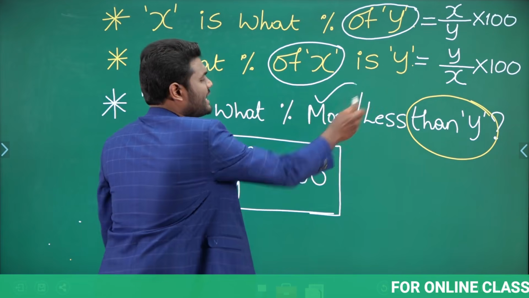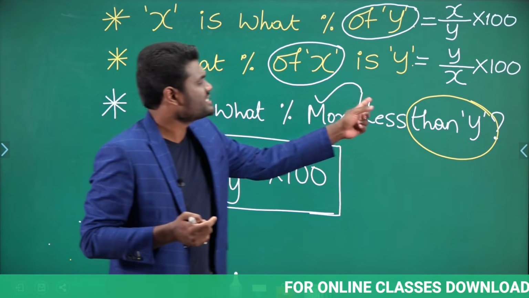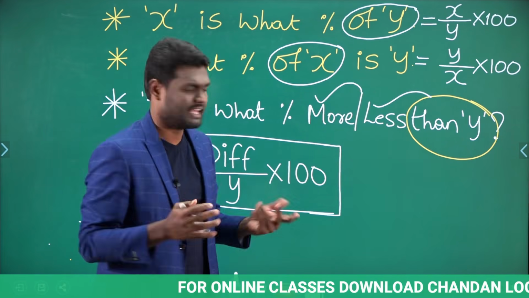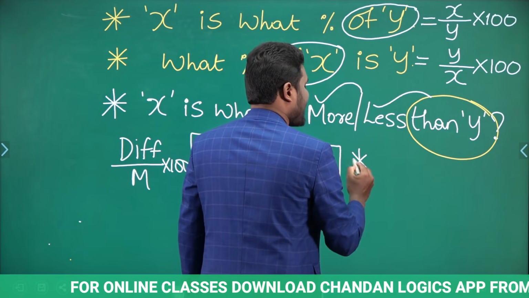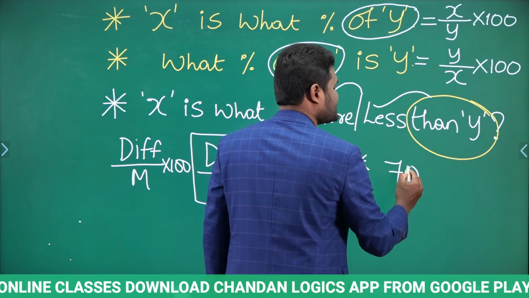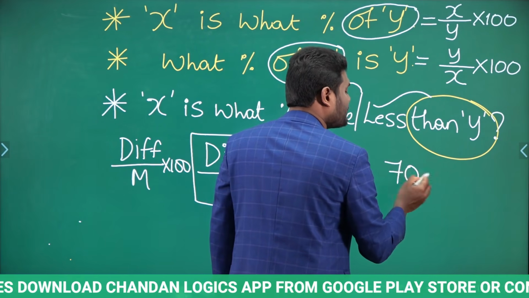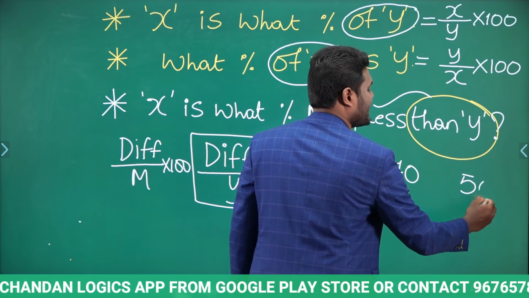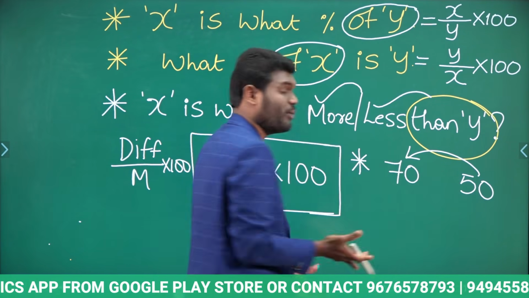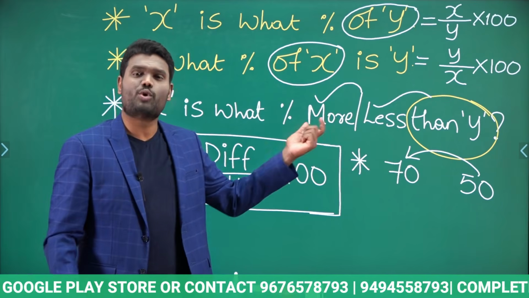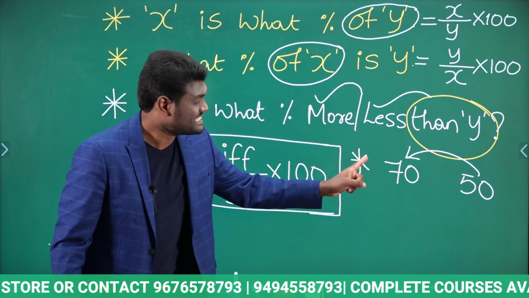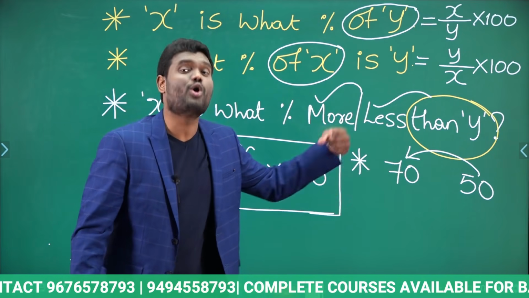You will take "more" if the value is more, and "less" if the value is less. For example, if I have 70, I will say 70 is what percent more than 50, right? Why? Because 70 is more than 50.